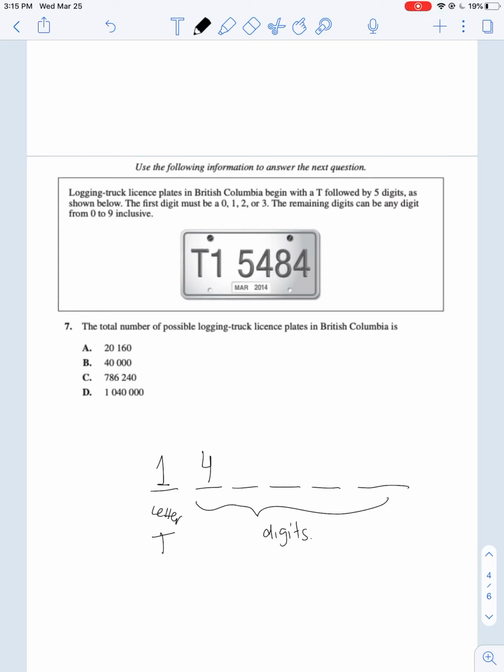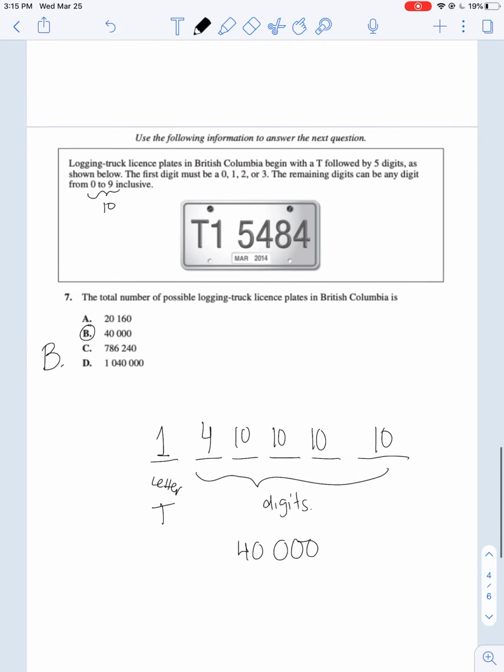The remaining digits can be any digits from 0 to 9 inclusive, and it seems like repetition is allowed, so we would put 10, 10, 10, and 10 here. Okay, so 0 to 9 means that there's 10 choices to pick from. Then we would multiply all these numbers and get 40,000. B.